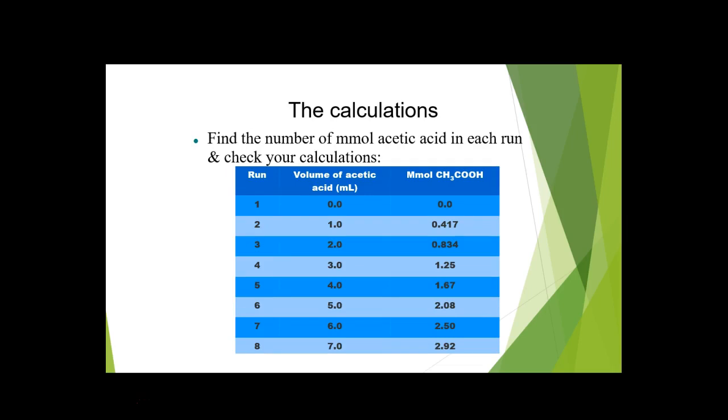We have 8 lines because we used 0 as a volume, and found the number of millimoles of acetic acid in each run. And we check our calculations and see that it goes from 0 in the first run, where there's no acetic acid, to 2.92 millimoles in the last run, or 7 milliliters.